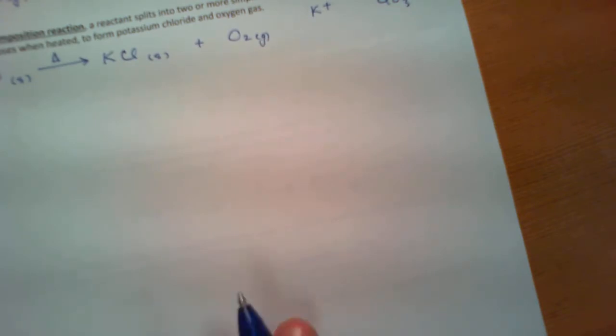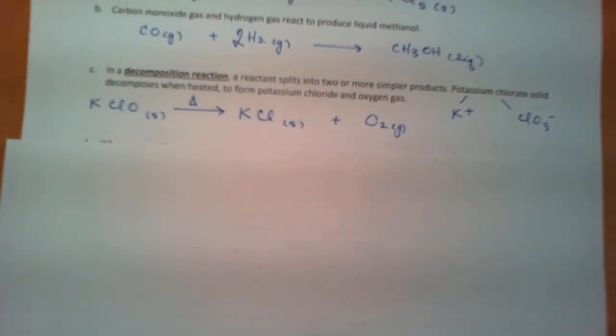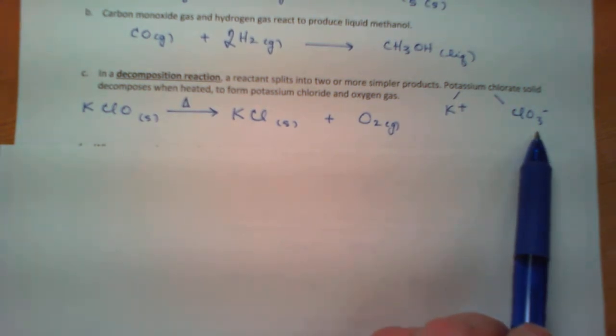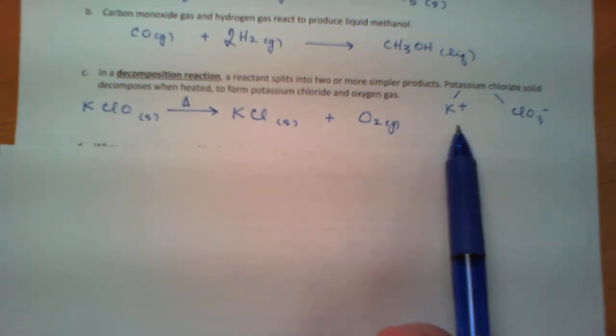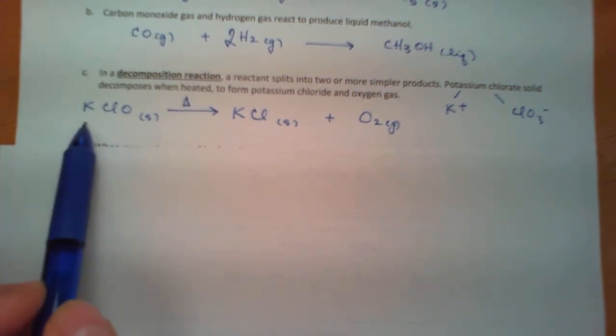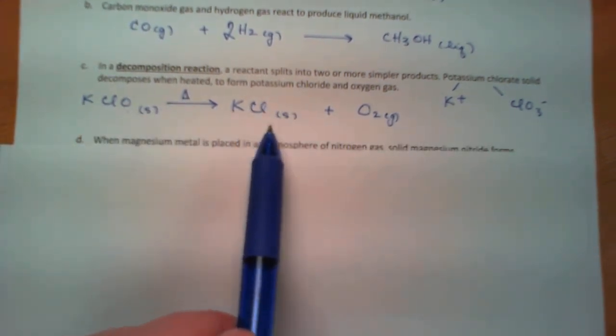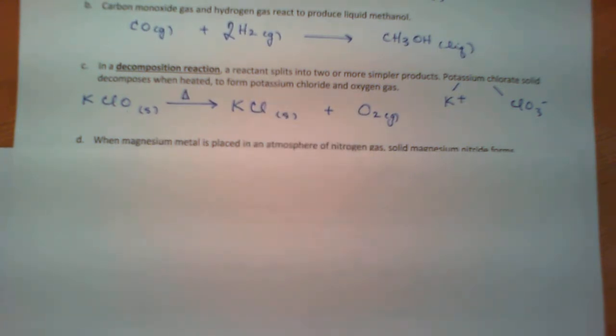So back to here, I had potassium chlorate. Chlorate is ClO3 minus. Potassium is K plus. Potassium chlorate solid decomposes to make potassium chloride and oxygen gas.